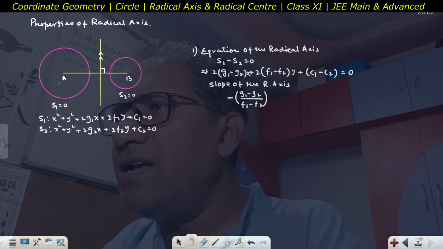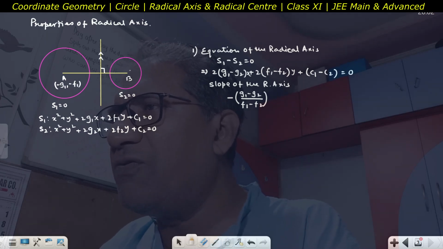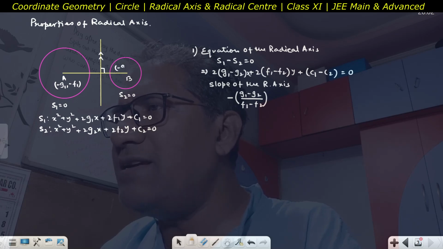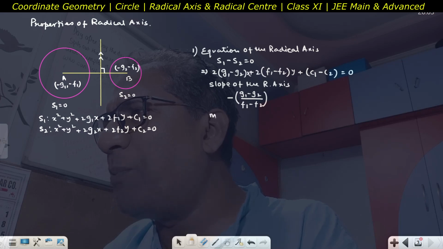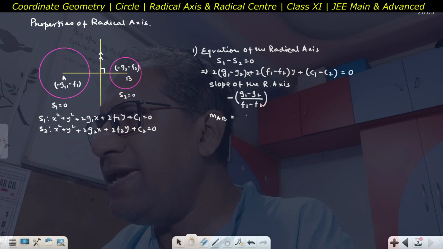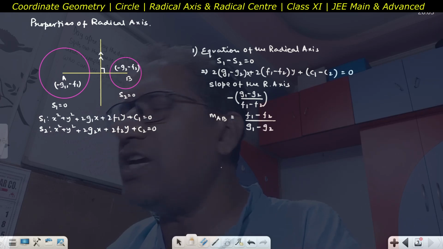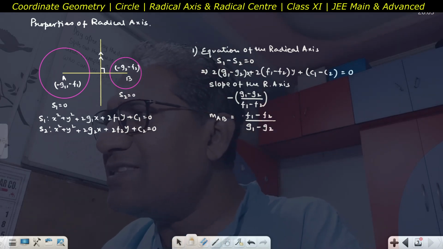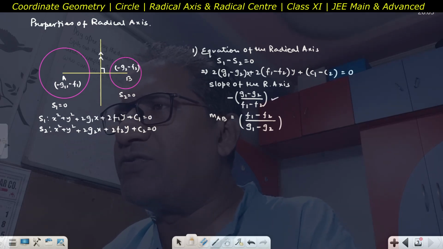Now, the center of the first circle is (minus G1, minus F1) and the center for the second circle is (minus G2, minus F2). Now, what is the slope of AB? Slope of AB is F1 minus F2 divided by G1 minus G2, correct? So, this is the slope of the line AB and this is the slope of the radical axis.